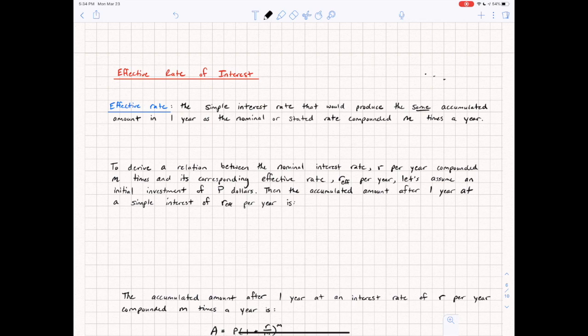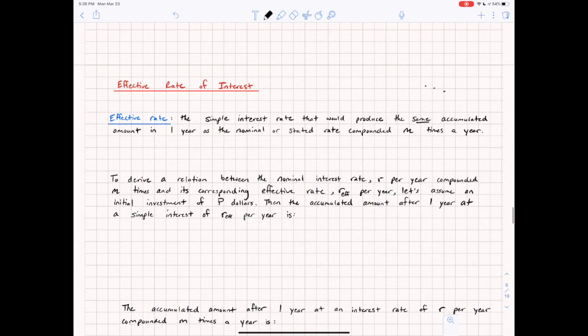So to help give you a notation for it, let's assume that R is the nominal or stated interest rate per year, which is compounded m times, and its corresponding effective rate, we're going to notate with R EFF per year.